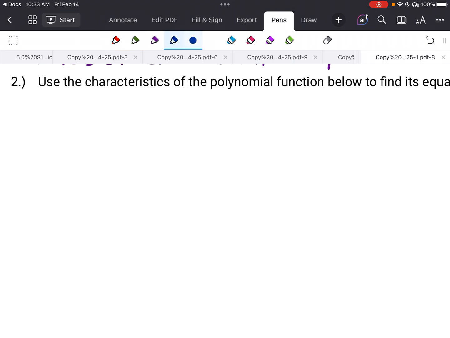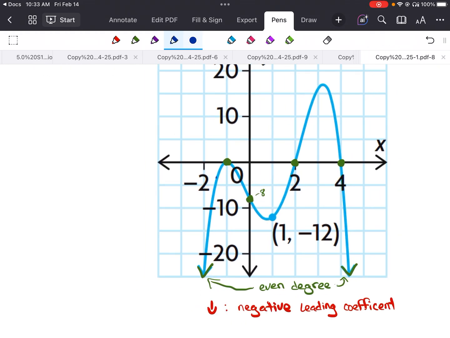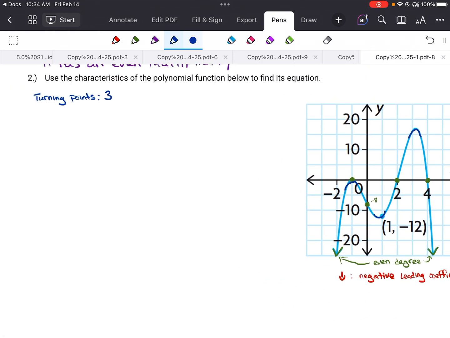Okay, so let's look at how many turning points we have. It's another characteristic that we went through. It turns here, here, and here, so it has 3 turning points.